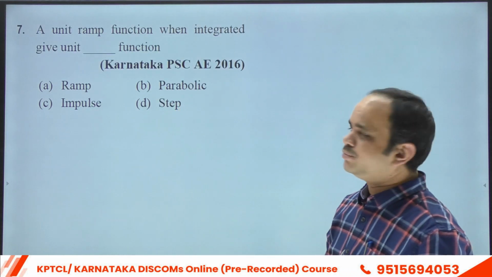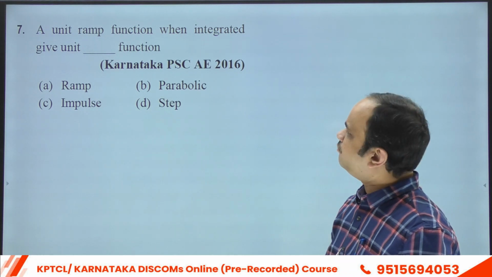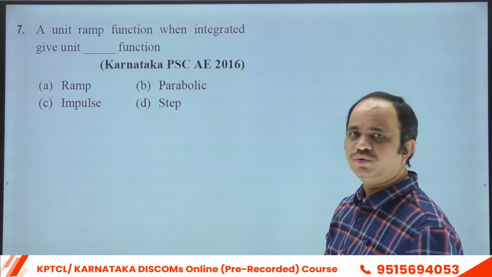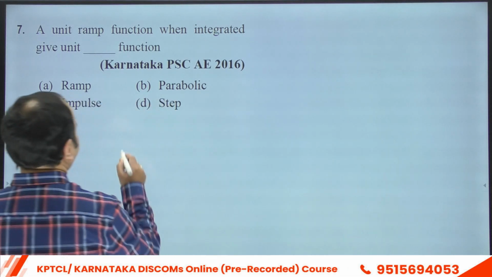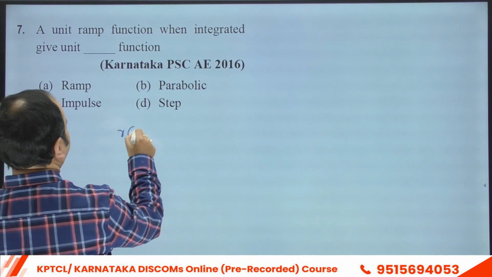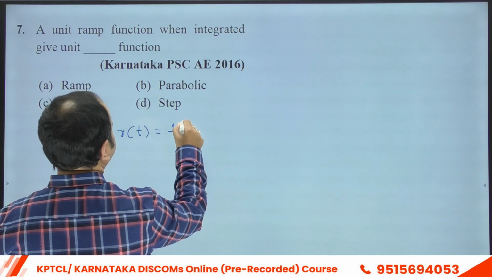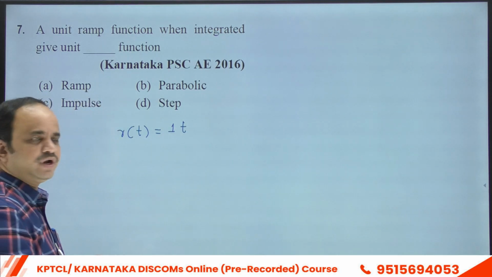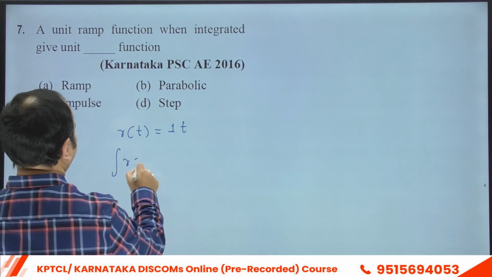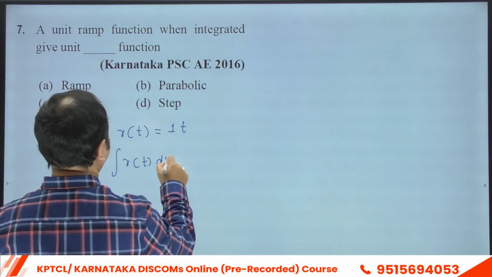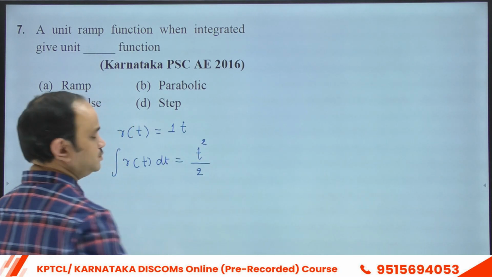Now, let us move to the next question. A unit ramp function, when integrated, will give which unit function? If you write the expression for a unit ramp function, it is 1 into t. Now integrate this, the integral of r of t dt, which gives t square by 2.